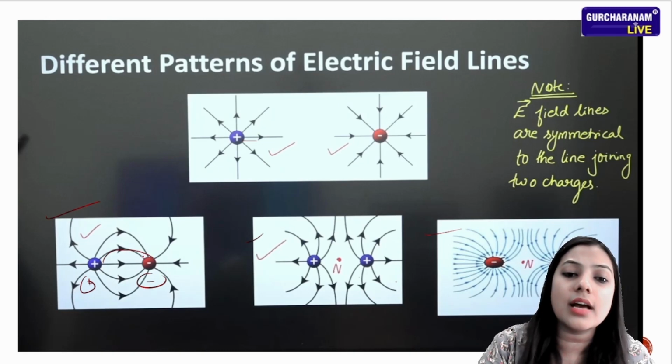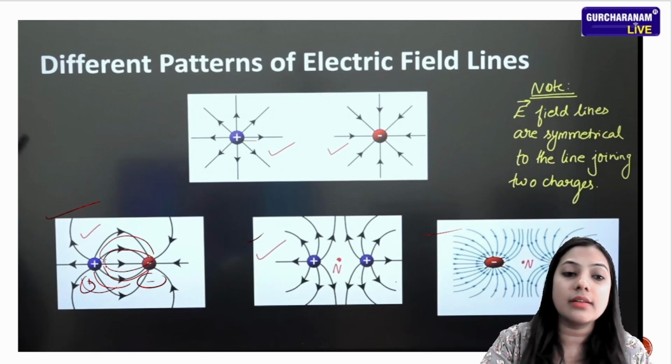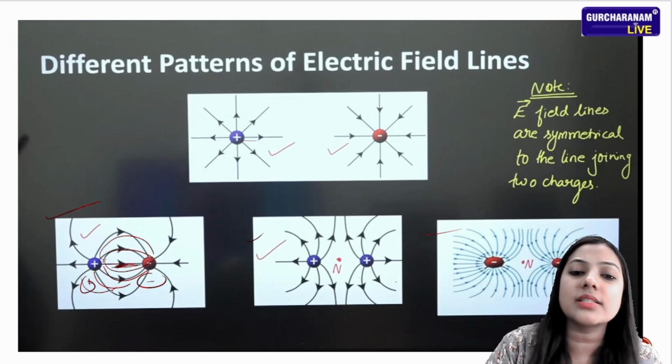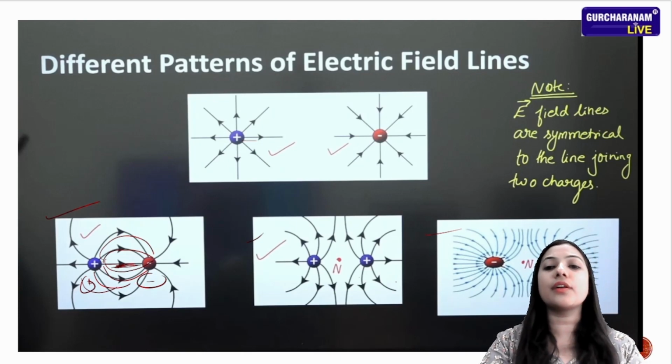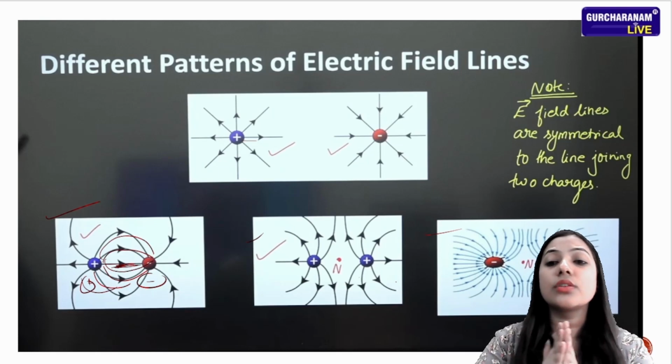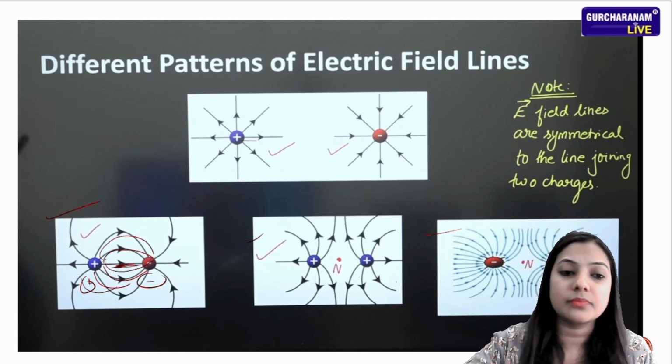So these lines are symmetrical to the line that joins the two charges, and all the lines are symmetrical to this line. So we can say that electric field lines are symmetrical to the line joining two charges.